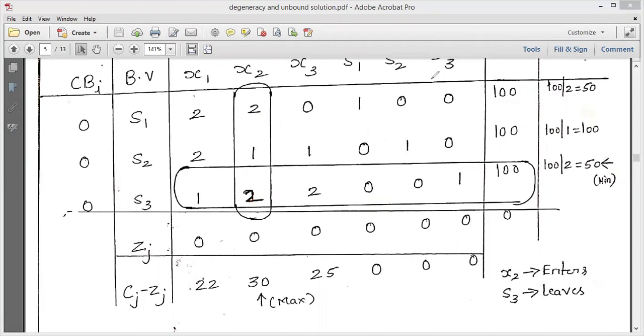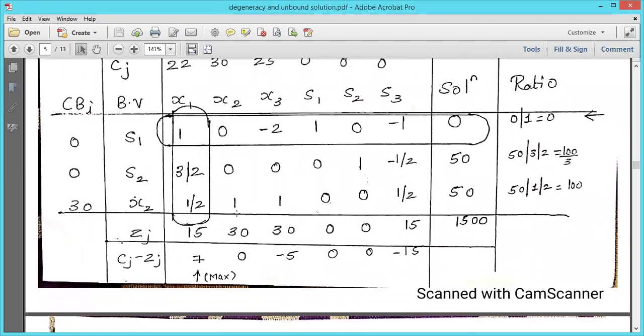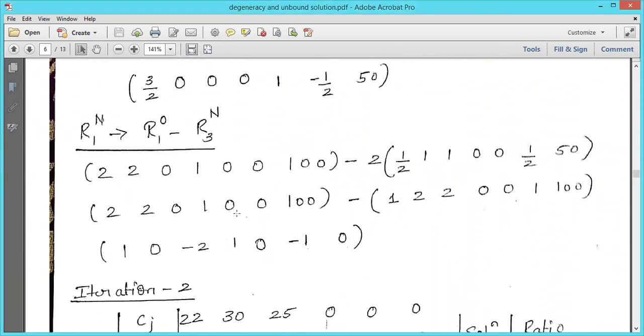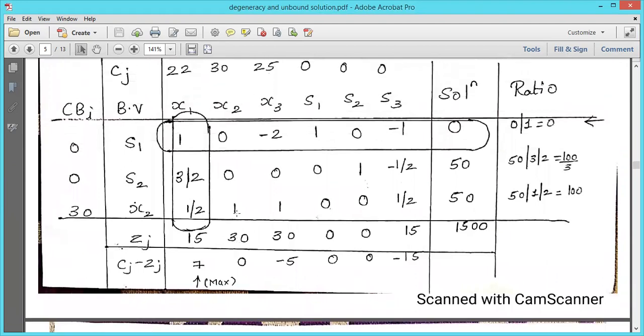After performing the row operations, we have all these values. I have performed all the row operations below, you can check.